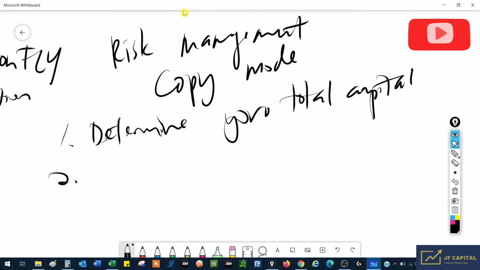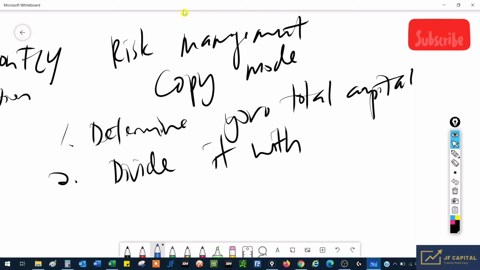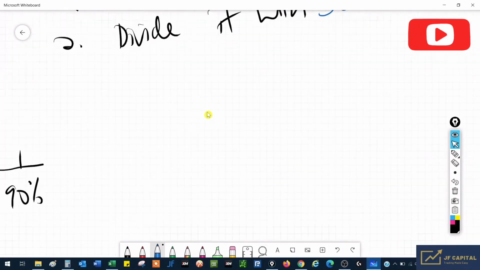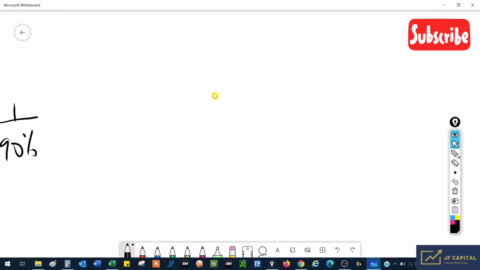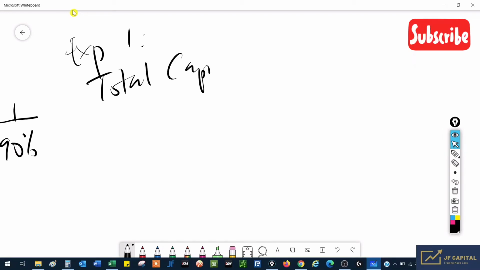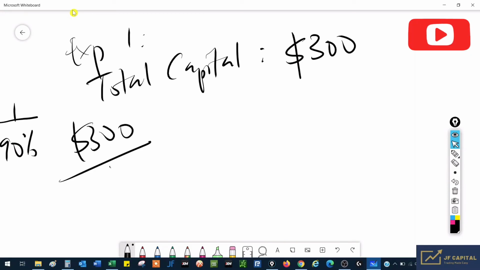Second, divide it by 30. Let me do an example. Example 1: let's say you have a total capital of 300. You use your 300 divided by 30, which is 10, right?